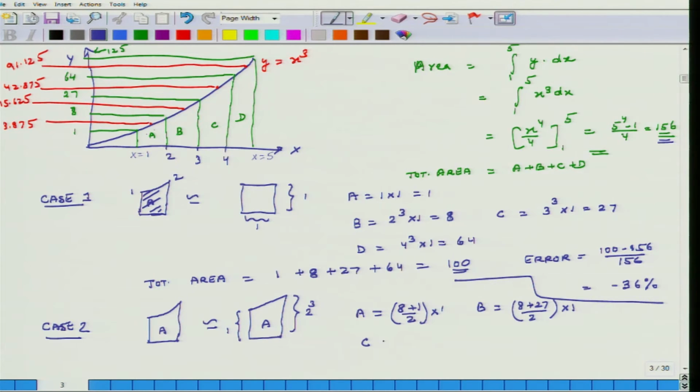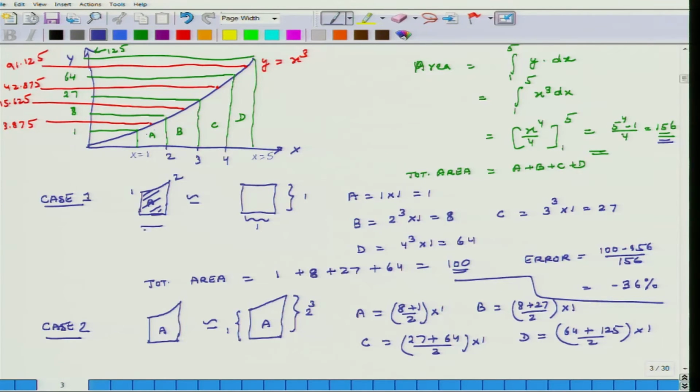Area C equals 27 plus 64 by 2 into 1, and area D is equal to 64 plus 125 by 2 into 1. Okay.